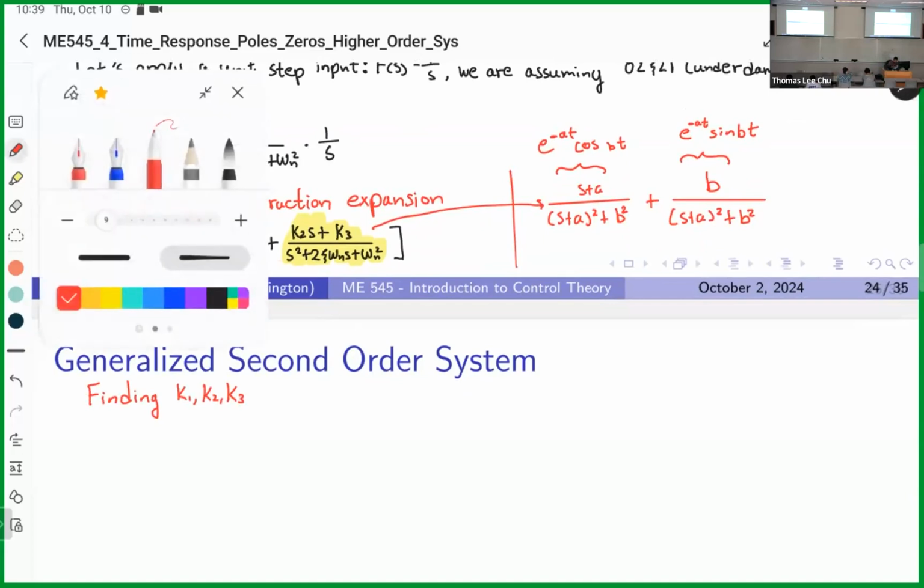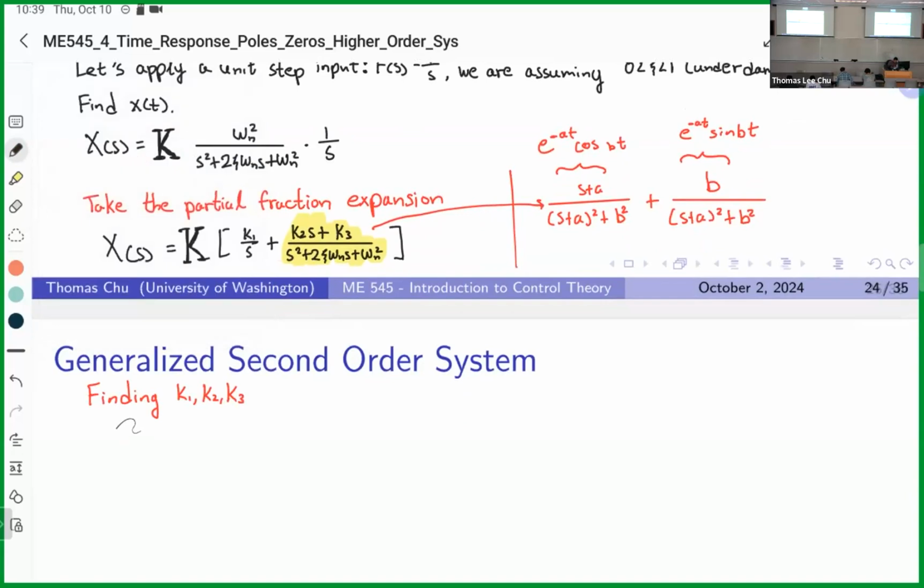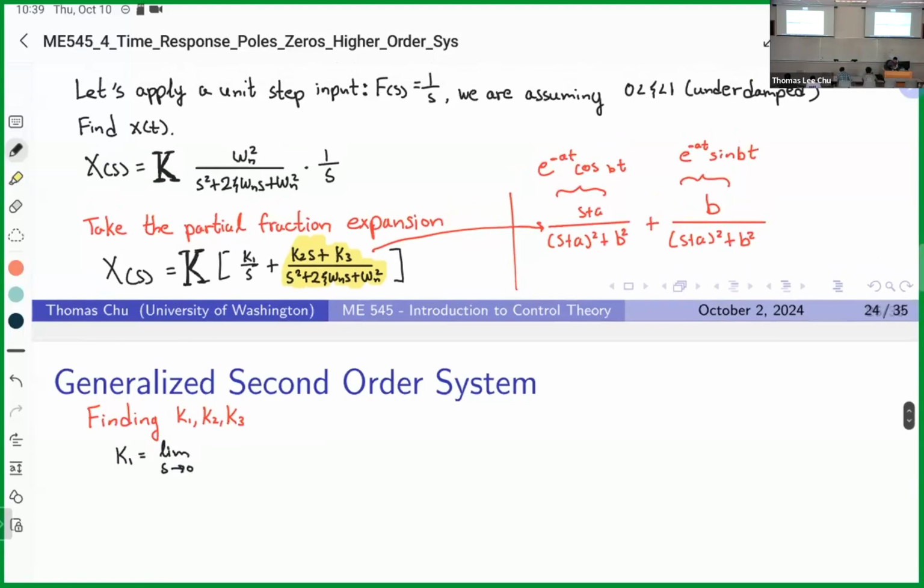For K1, we take K1 equal to the limit of s going to 0 of s multiplied by omega n squared divided by s squared plus 2 zeta omega n s plus omega n squared.